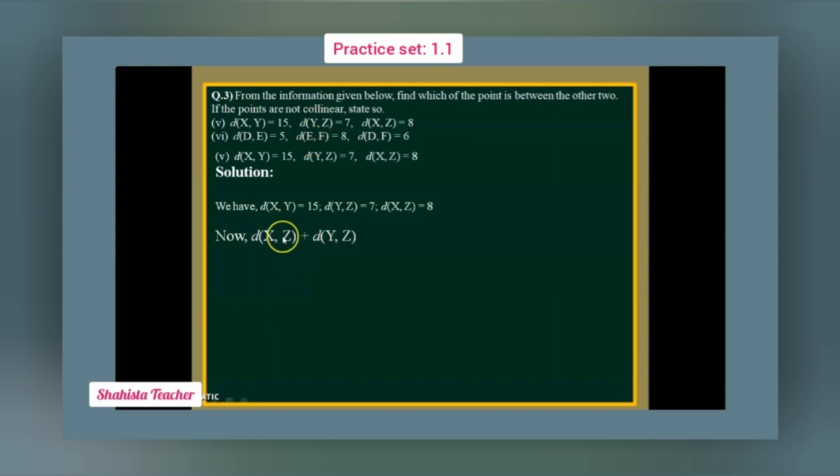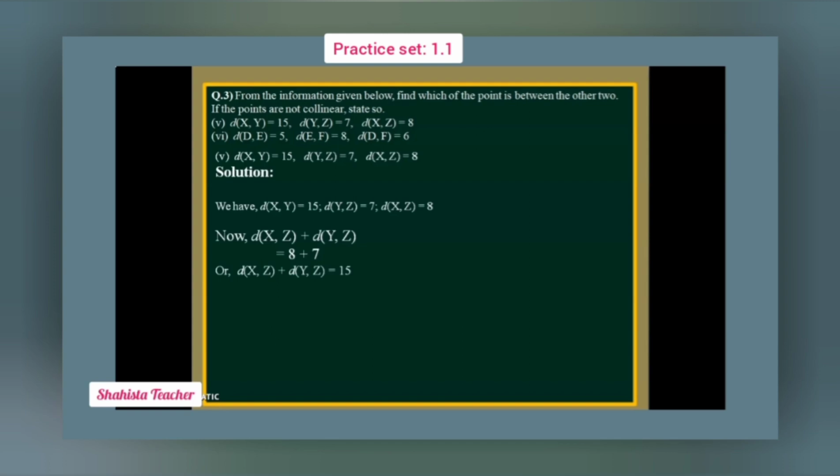Now here z is the between point. Why? Because z is repeating. So here we will write distance of xz value is 8 and distance of yz value is 7. So 8 plus 7 is equal to 15.